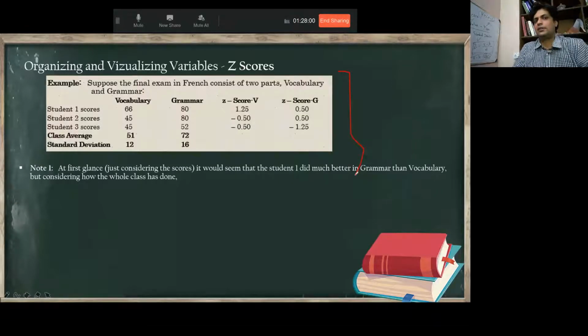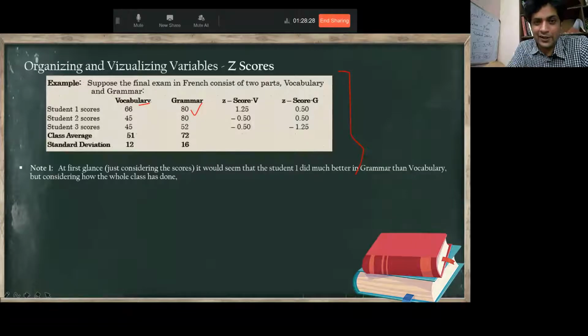This is another example of the French language, which consists of grammar and vocabulary. You just need to note one thing. At first glance, it seems that student one has scored better in grammar, because we can see 80 and 66 in vocabulary.